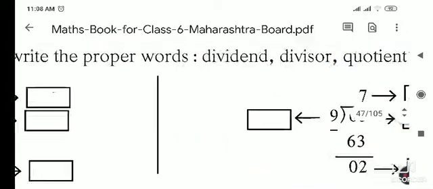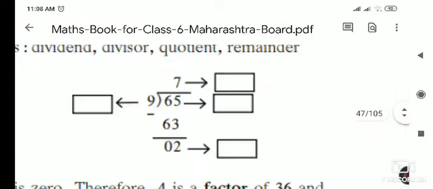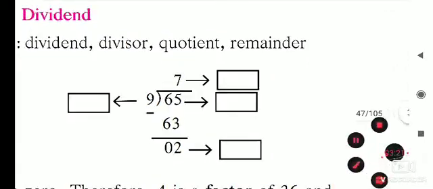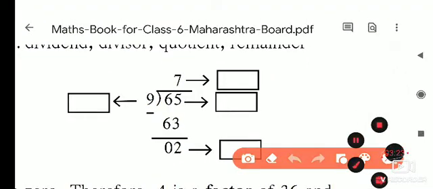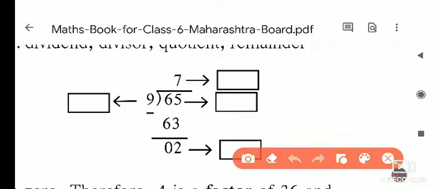Okay, in the same way in this example also we have to write the position of the dividend, divisor, quotient, and remainder. Here 65 is divided by 9. 9 sevens are 63, and the remainder is 2.